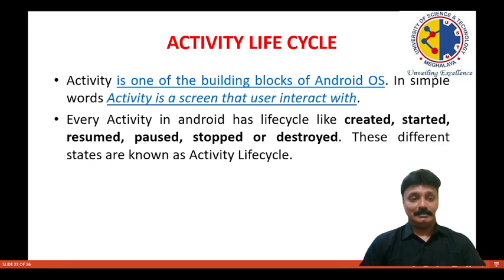Activity life cycle. The activity is one of the building blocks of the Android operating system. In simple words, an activity is a screen that the user interacts with. In this activity life cycle there are creation, start, resume, pause, stop, and destroy.